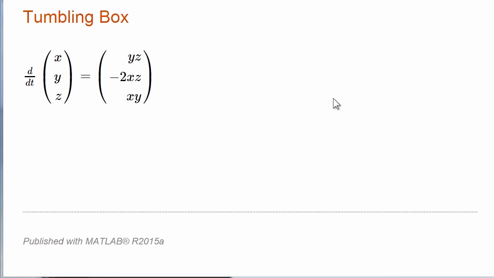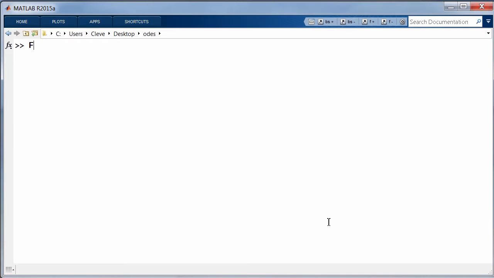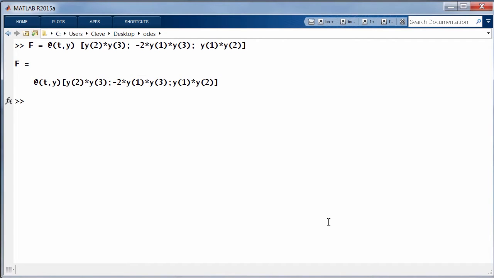Let's examine that phenomenon numerically. Here's the anonymous function defining that system of 3 first-order differential equations.